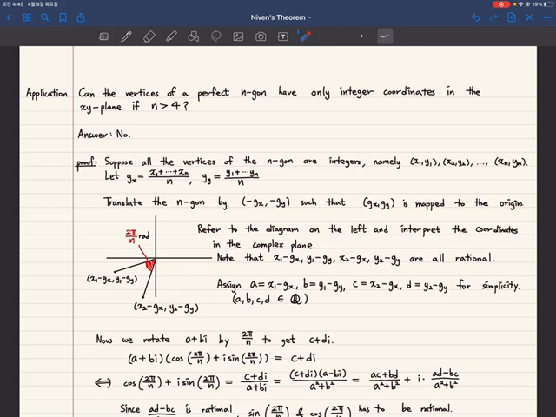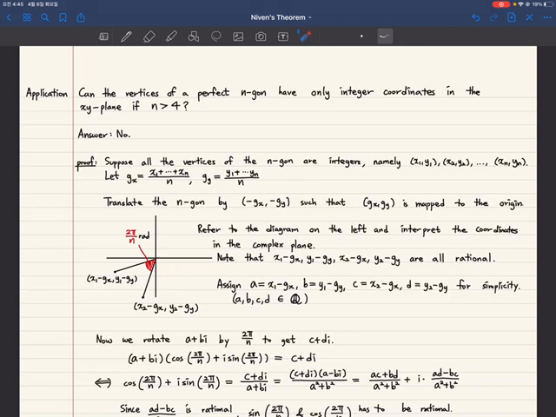So now we're going to translate the n-gon by (minus g_x, minus g_y), such that (g_x, g_y), the center of our n-gon, is mapped to the origin, because we want to do some rotations. Okay, after it is mapped to the origin, we refer to the diagram over here, and we're going to interpret everything in the complex plane.